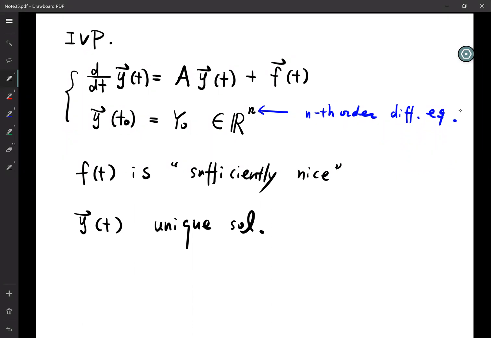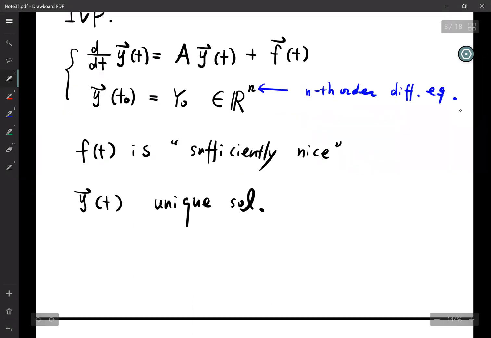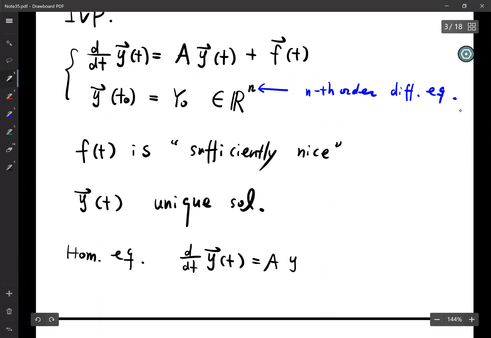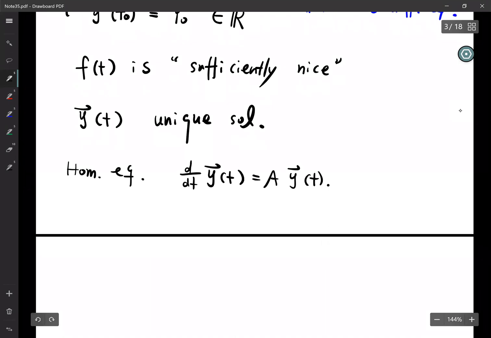If we look at the simpler homogeneous equation, just d/dt y(t) equals A y(t), we can ask, first of all, there should exist n linearly independent solutions.